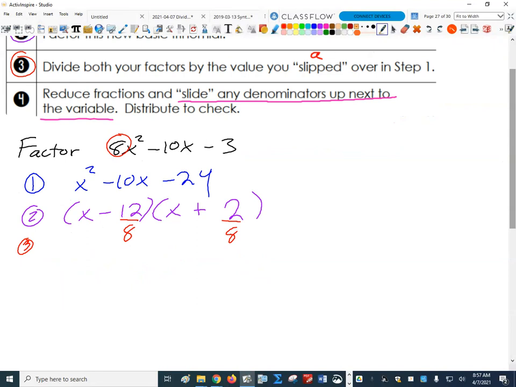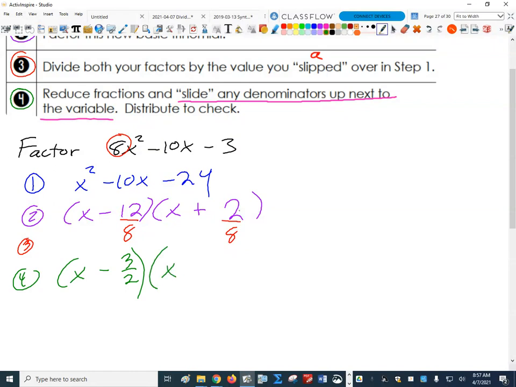All right, what about step 4? Step 4, Emma, what'd you get for step 4? Okay, good. So step 4, then we get x minus 12/8 reduces to 3/2. I divide each by 4, don't I?